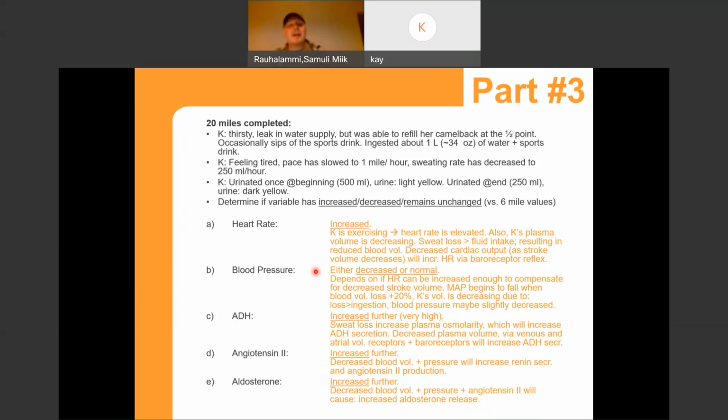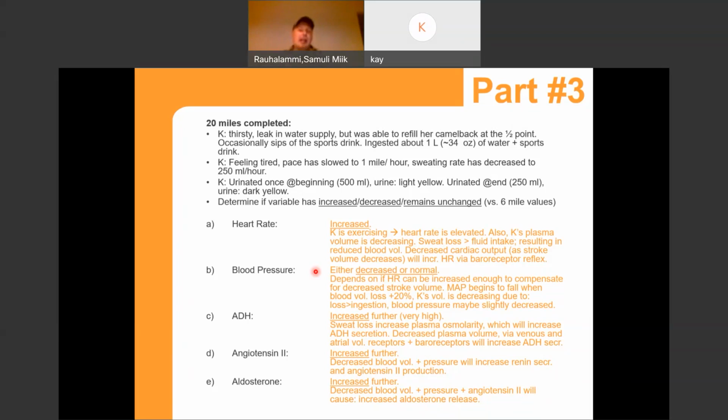The second thing we're going to see is that her blood pressure is either going to be normal or slightly decreased. Let's have a look at why that would happen. Why would Carla at the late hike have low or normal-ish blood pressure? Well, this is all dependent on whether the heart rate is enough to compensate for the loss of fluids. If too much fluid is lost, Carla's blood pressure might be slightly dropping, but the drop is not drastic.